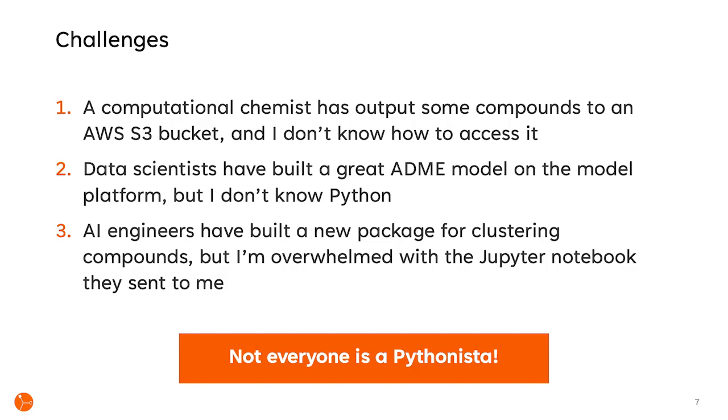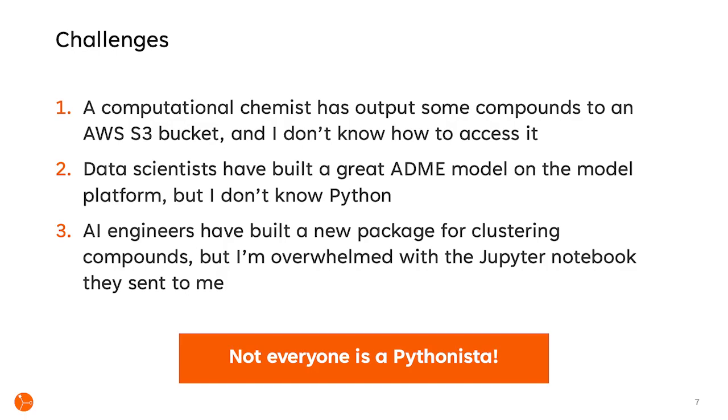We use AWS, and we have things like this. A computational chemist has run some generative algorithm, and they've output that to an SD file in AWS, and then they say to the medicinal chemist, do you want to have a look at that? And it's, I don't know how to access AWS. I don't understand how to access a file in S3.